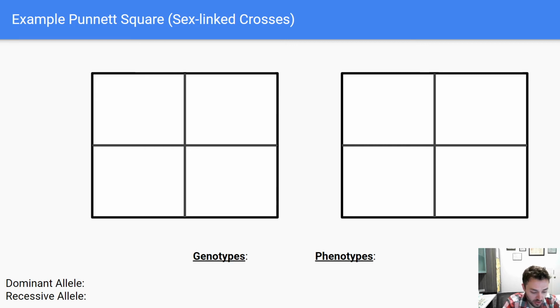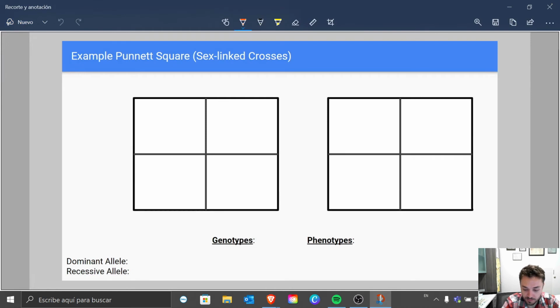If we're talking about color blindness, which is found on the X chromosome, let's open this up. I could have a female that is XX, and let's say we're going to use R for color blindness.